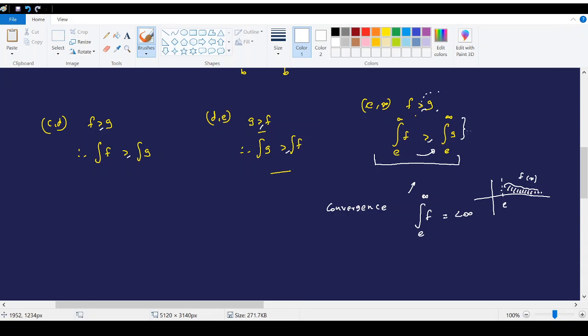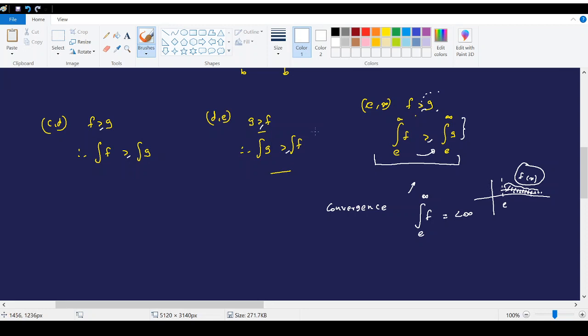Because the area of this smaller function is enclosed within the area of this larger function. That's basically the key idea of this comparison test. The area of the smaller function is enclosed within the area of the larger function. So if the larger function has finite area, then definitely the smaller function will have a finite area, right?